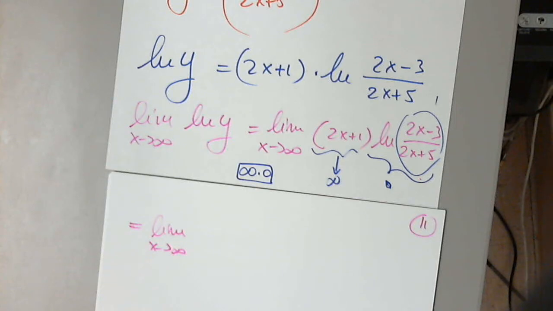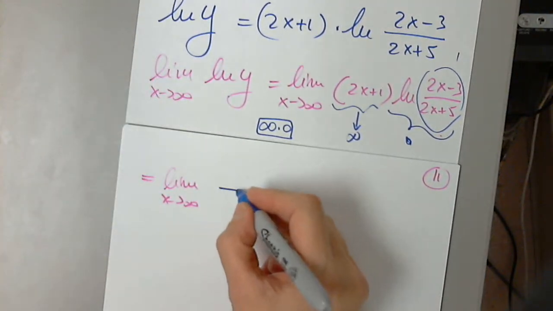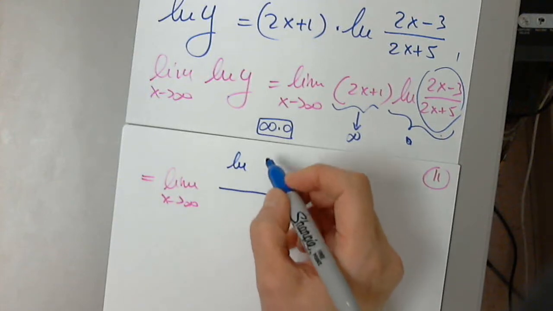This is much better than 1 raised to infinity. A very simple algebraic manipulation will change that into either 0 over 0 or infinity over infinity. How? And no, don't touch natural log, please. 2x plus 1 divide. Exactly.